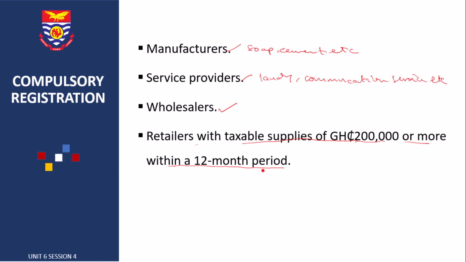You will only be permitted when the Commissioner General is satisfied that the retailer has no fixed place of business, has reasonable grounds to believe that the person may not keep proper books of account or may not submit regular and reliable tax returns as required or is not fit to be registered. Traders dealing exclusively in exempt supplies are not required to register for VAT.